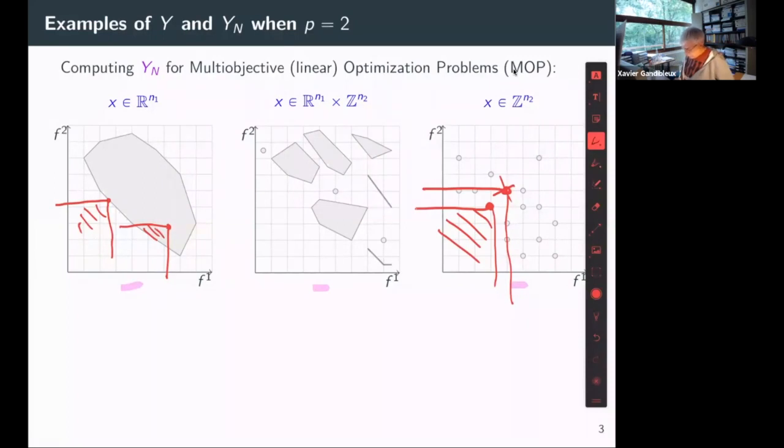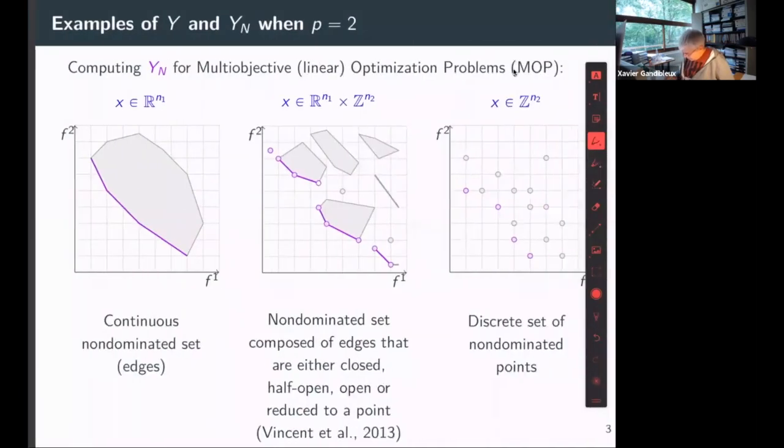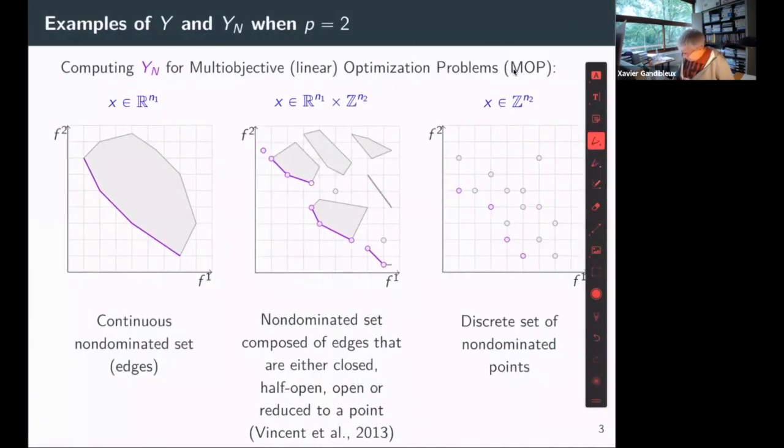For the mixed integer case, this is a little bit more sophisticated. We have several cases. We have the case of an edge that is closed like this one, an edge that can be half open like this one, or open, as in this picture, or reduced to a point.